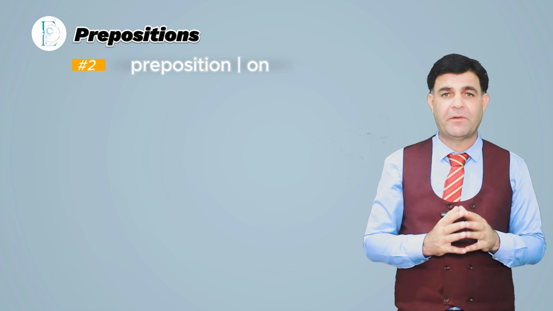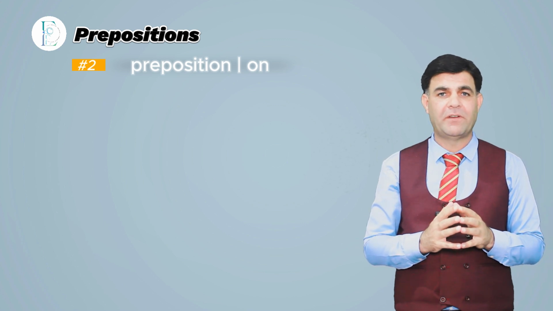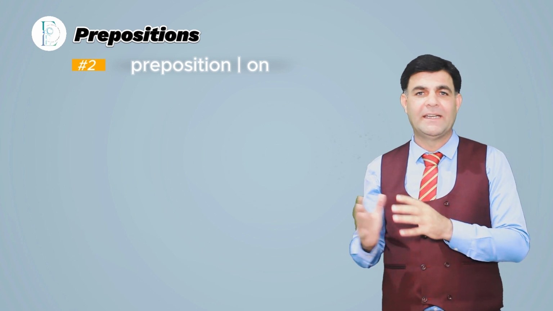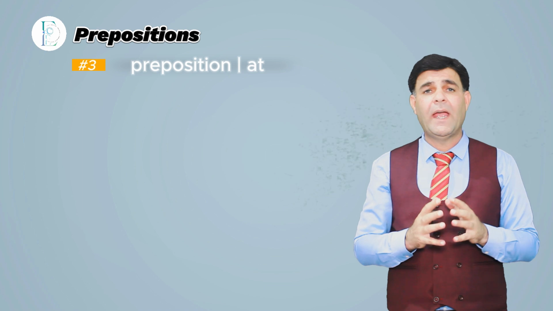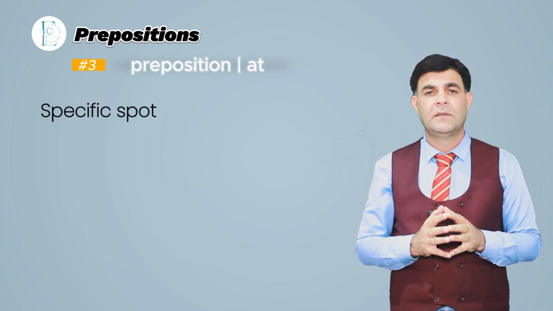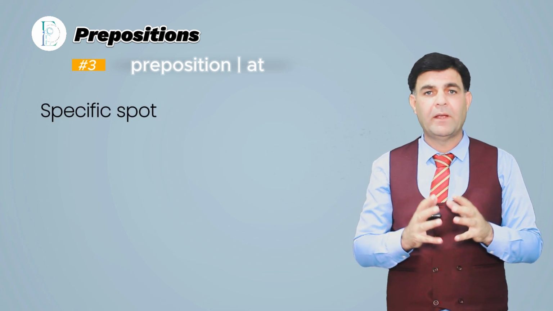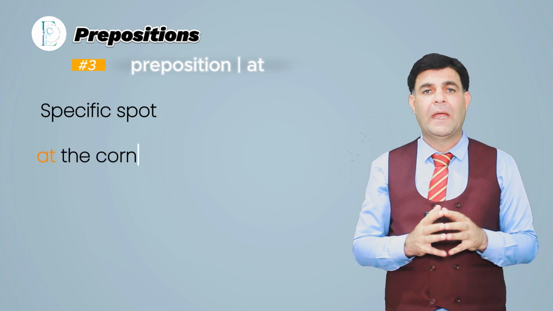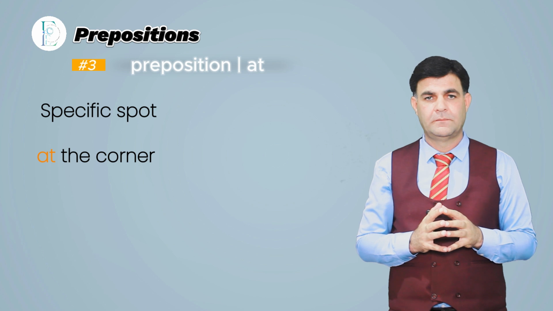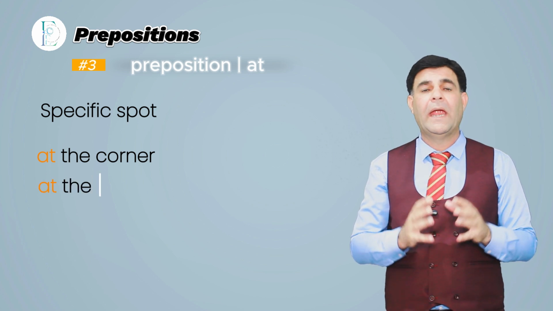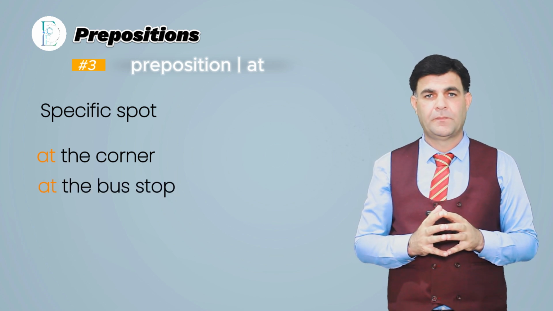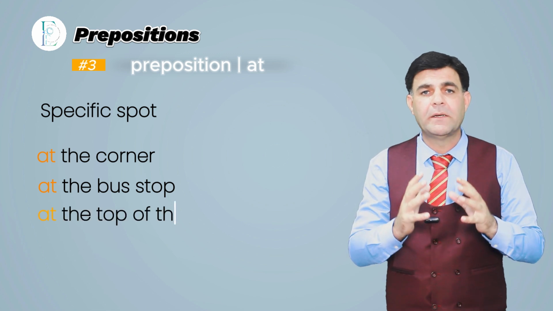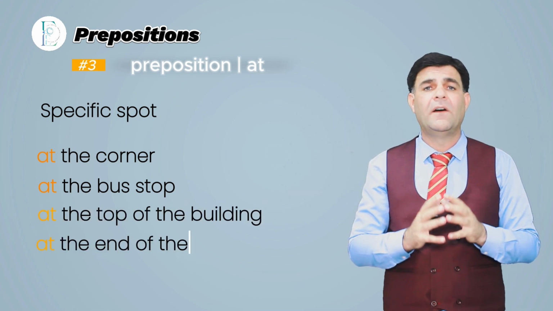I'm going to move to the third preposition, at, and the uses of at in the English language. Step 1. We use at for a specific spot, area. For example, at the corner, at the bus stop, at the top of the building, at the end of the road.